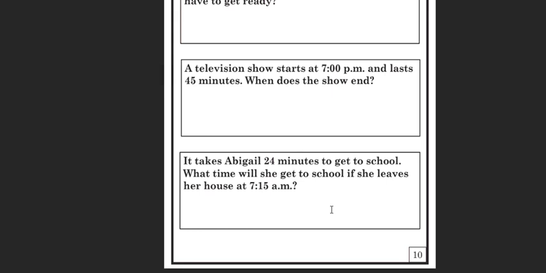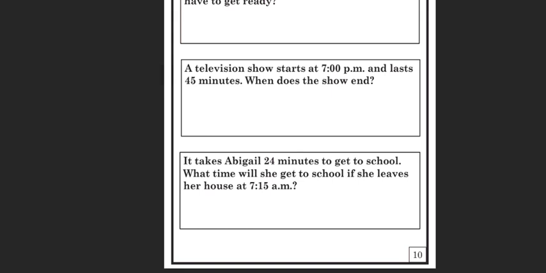What time would she get to school if she leaves her house at 7:15? So, number line, she left the house at 7:15 and it took her 24 minutes to get to school. What would be the ending time that she got to school? Okay? So you're going to be telling the ending time on those exercises.